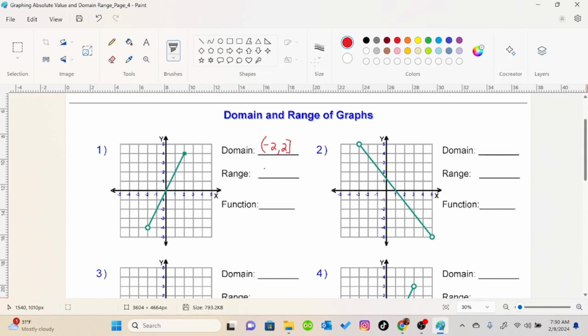The range starts at y equals -4, not included because of the empty point, and ends at y equals 4, included because of the solid point.